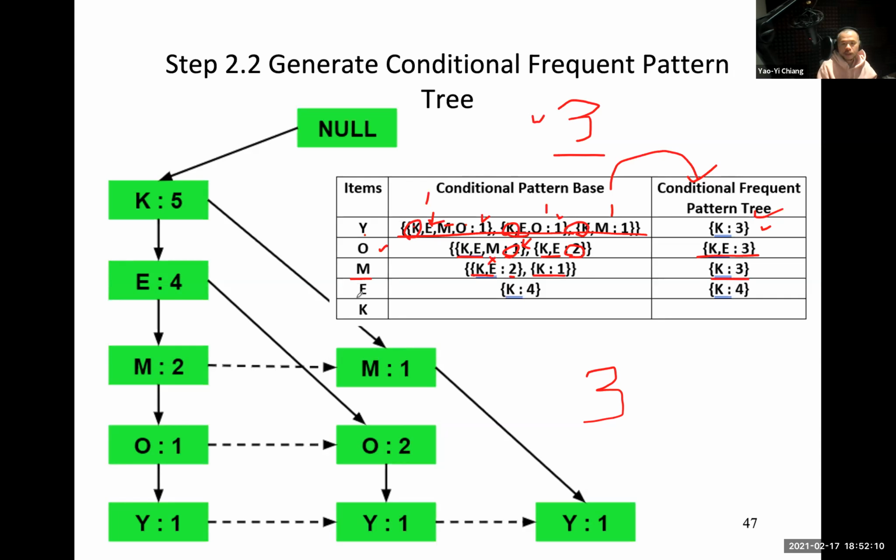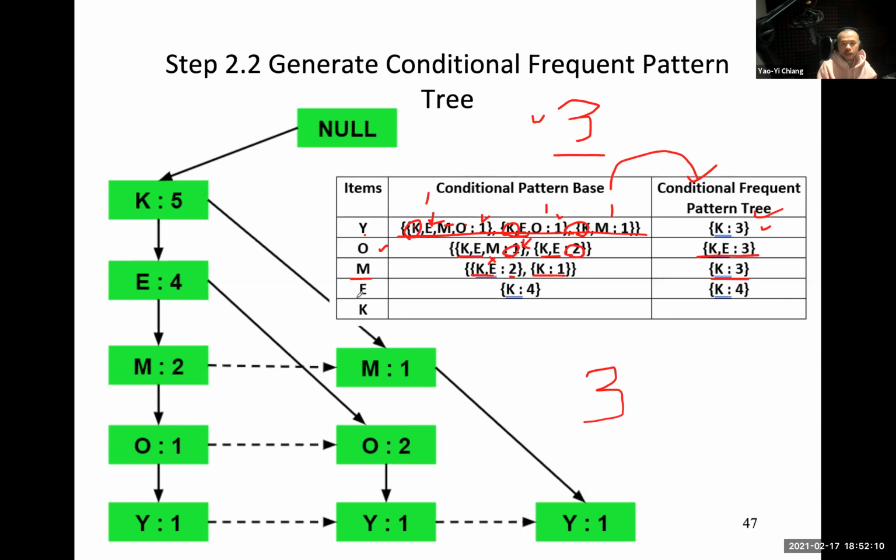So how do we generate it? Look at the first one, you have K, right? And your item is Y. So your frequent pattern generated will be KY together with the support 3. The second one, you have KE, you have O. So what are the types of frequent items you can generate?